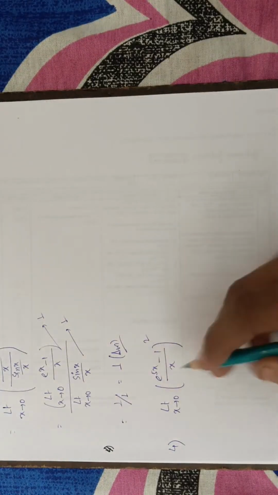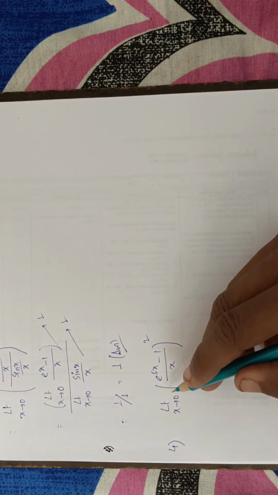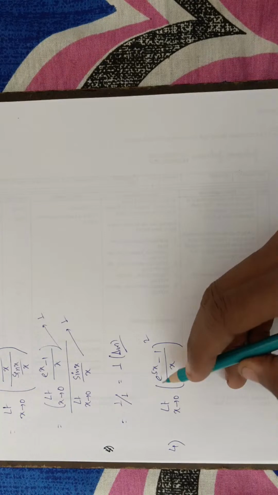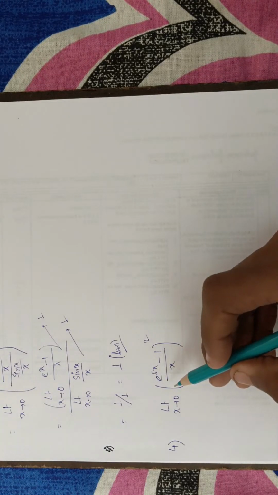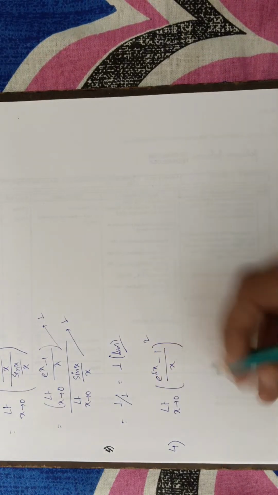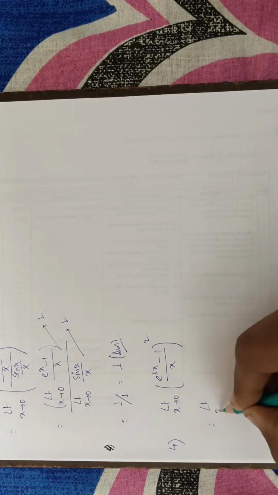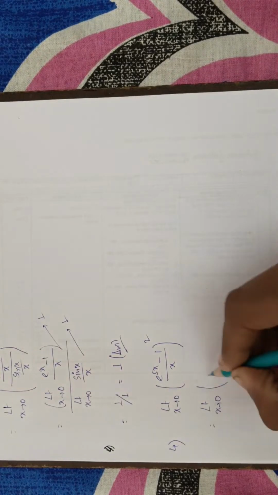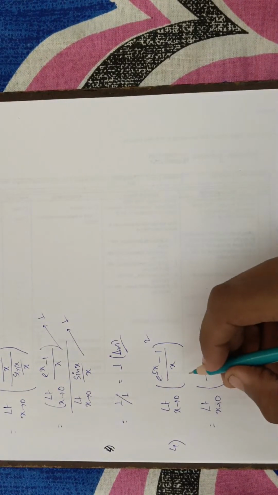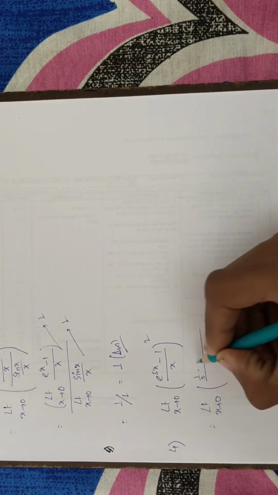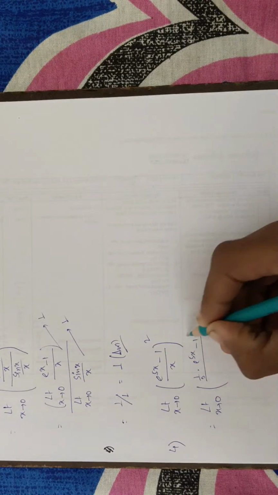So for this also we have to check if any formula we can derive from this. If we multiply it with 1 by 5 in the numerator and denominator, then we can try to solve it.